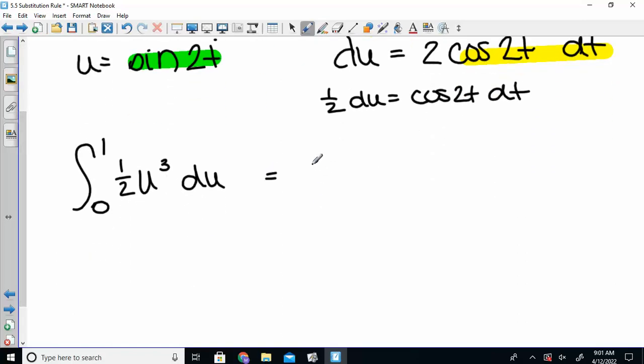So now everything's in terms of u, so we just have to integrate. Antiderivative of u cubed would be u to the fourth. So we have to put a 1/4 in front, times the 1/2 is 1/8, from 0 to 1.